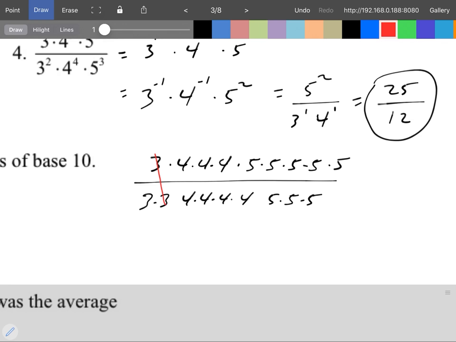Because 3 over 3, that's 1. All right? Now, if you thought about the 4s, you got one more 4 on the bottom than you do in the numerator, right? So that's going to leave you a 4 on the bottom. And then on the 5s, you have 2 more 5s being multiplied together in the numerator. So then you could visualize these 5s canceling out because 5 over 5 is 1. So if you look in the numerator, all you have left is 5 times 5.